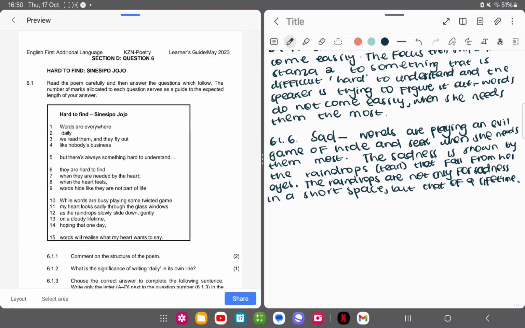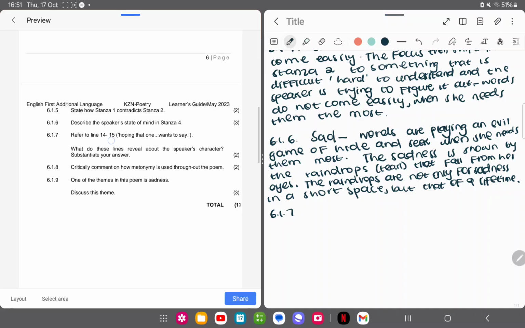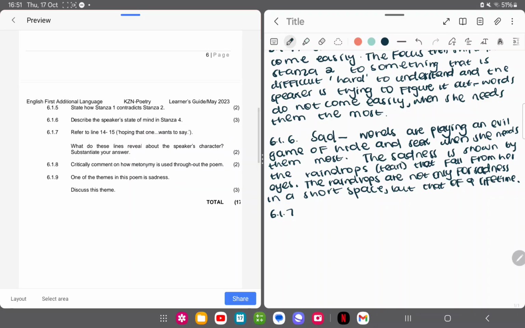In hope. So there's another question, 6.1.7, that says, what do these lines reveal about the speaker's character? Substantiate your answer. So we are told to refer to lines 14 and 15, right?